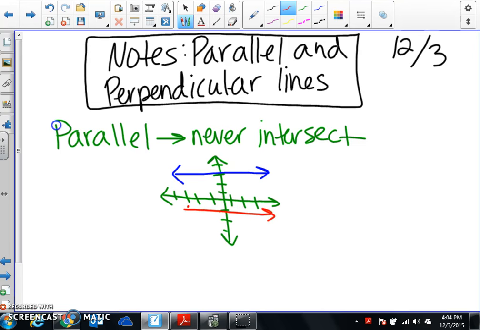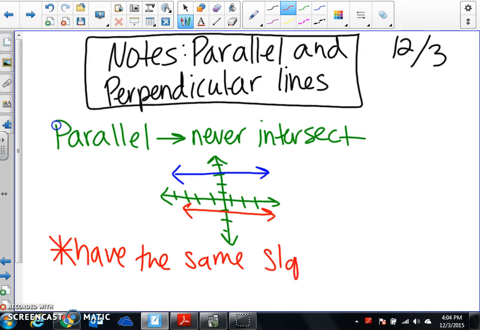So those two lines would be parallel. The big thing that we're going to be talking about today is that parallel lines have the same slope. Okay, they have the same slope.